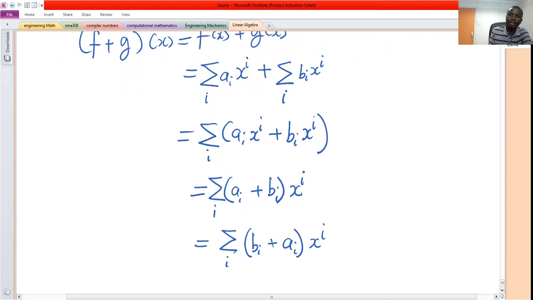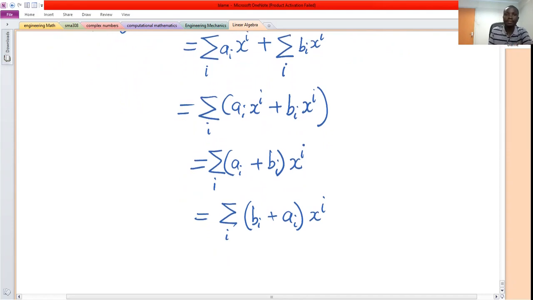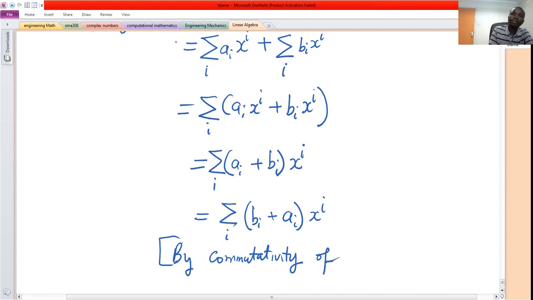This is because the ai's and bi's are elements in the field, which obeys the commutativity property. So we say by commutativity on F.